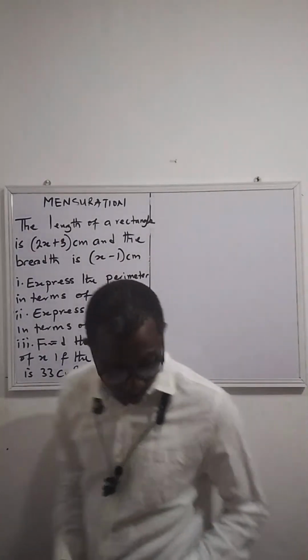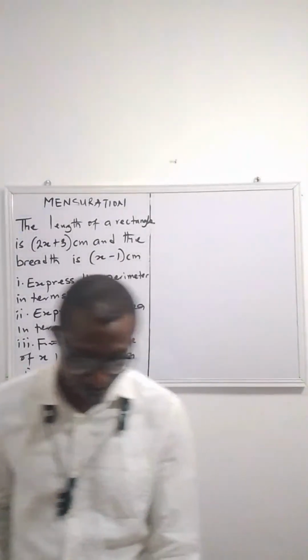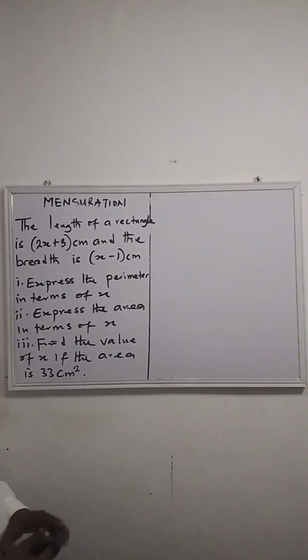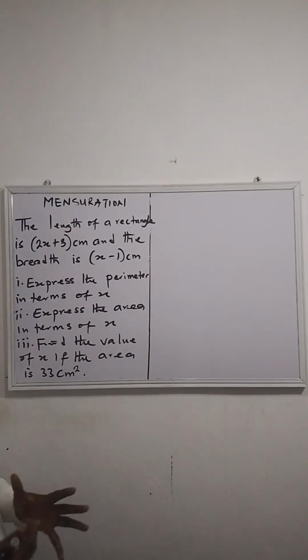Okay, so now can we look at the next question here? The question says the length of a rectangle is 2x plus 3 centimeter and the breadth is x minus 1 centimeter. So now you have to express the perimeter in terms of x, express the area in terms of x, and find the value of x if the area is 33 centimeter squared.